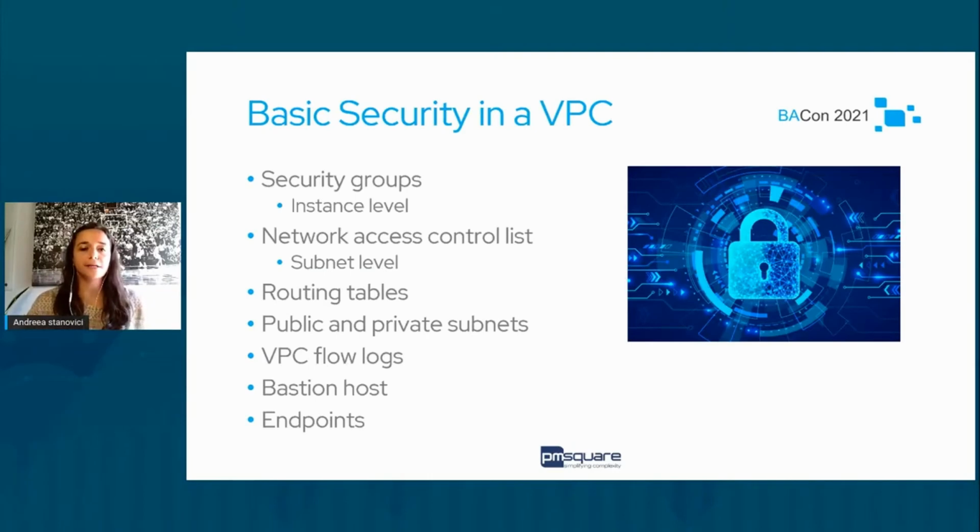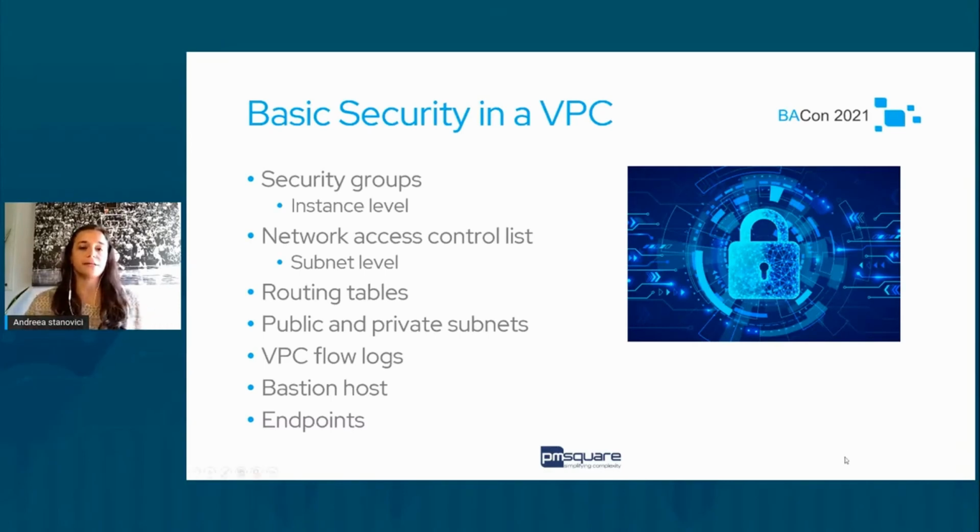You also do have routing tables, which consist of different pathways to allow the resources within your VPC to communicate with each other, or with resources outside of that VPC as well. So if you don't have a path within that routing table, the traffic cannot access those instances, which again acts as another security measure because you only want to keep the necessary paths on the route table within the VPC.